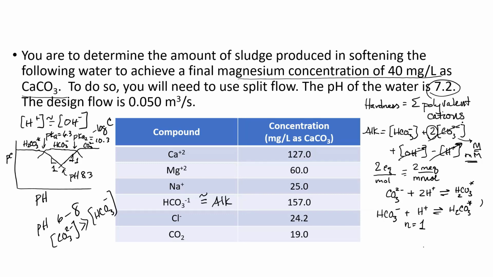And this term is approximately equal to 0. So we can say that alkalinity is approximately equal to bicarbonate. So that's an important concept to understand.